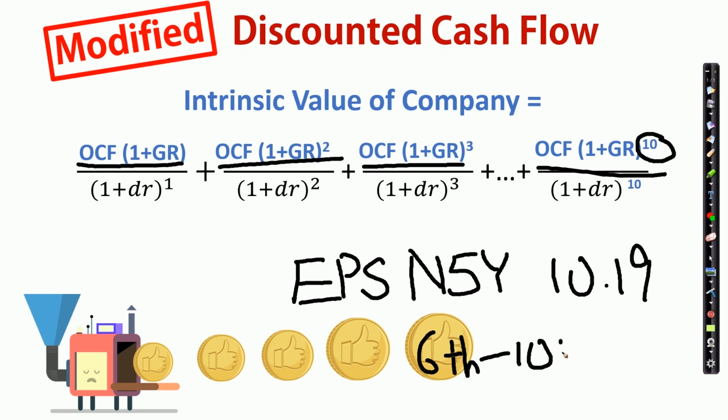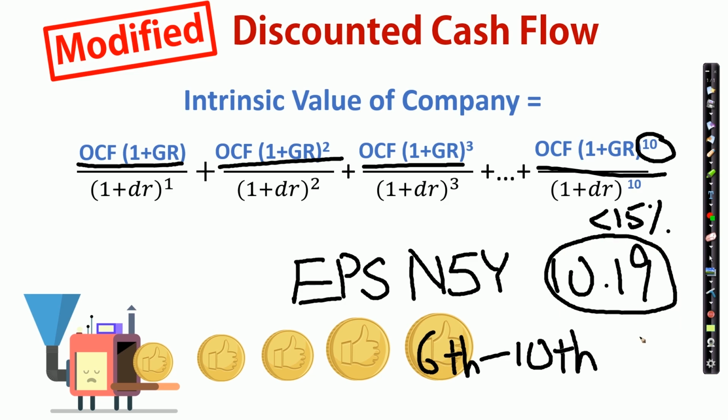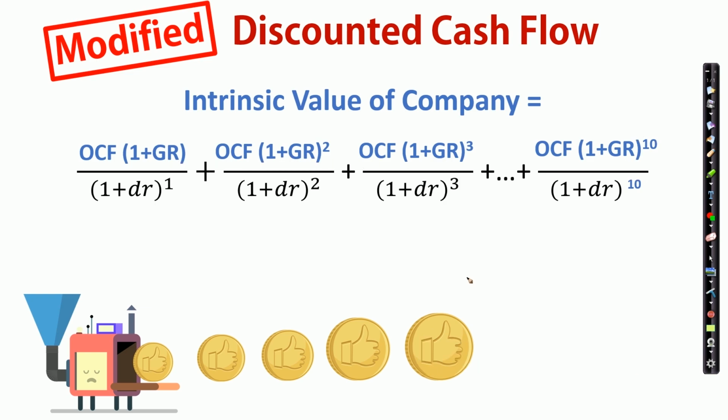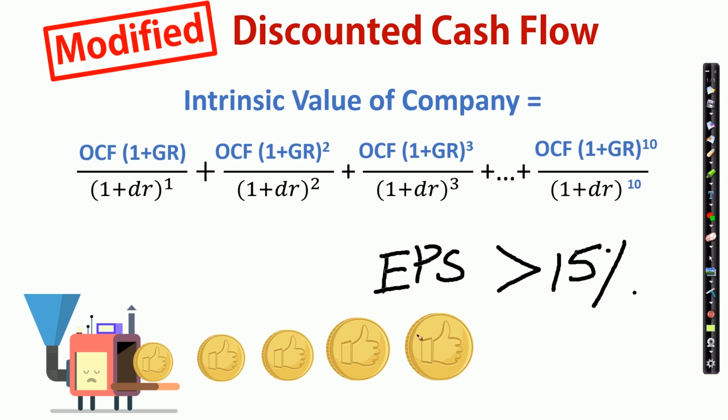Well, generally the rule of thumb that I use is if the estimated growth rate of a company is reasonable, maybe let's say less than 15%, I'll just apply that value as the growth rate for the 6th to 10th year as well. However, if the earnings per share growth of the company is more than 15%, I'll just assume that the growth rate for the company for the 6th to 10th year will be at 15%.